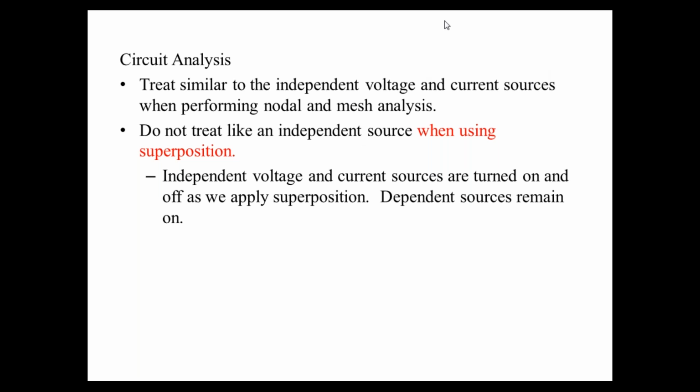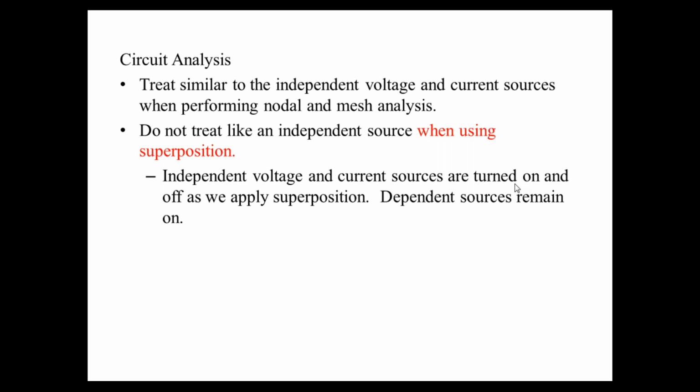Now we'll think about how to solve a circuit using dependent sources. For dependent sources also, we can solve the same circuit by treating them like similar parameters. Independent voltage and current sources can be turned on and off, but we cannot turn off the dependent sources.